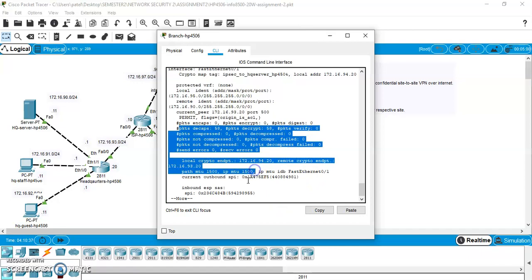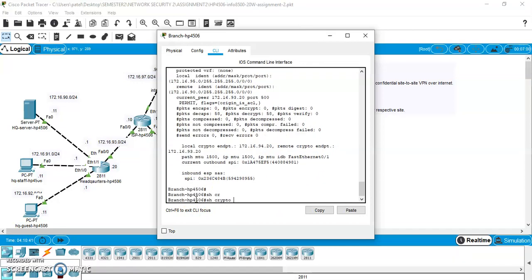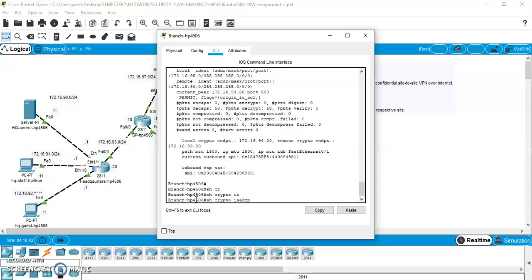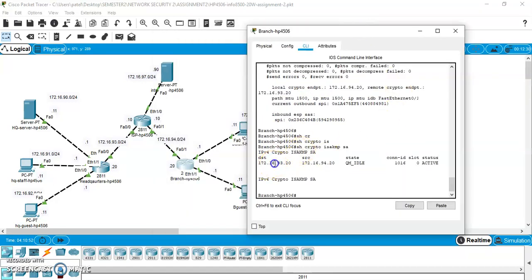I will also check the crypto ISAKMP map. You can see here the destination and source. The destination is 172.16.93.20, which is the headquarters outside interface, and the source is 94.20, which is from the branch side.